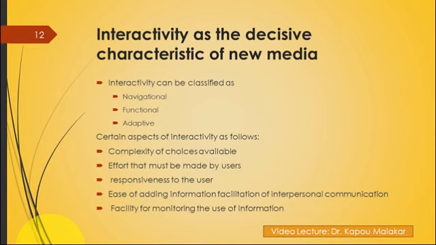We should note that in almost every case, interactivity is achieved by the use of hyperlinks. Therefore, while hypertextuality, which is another defining characteristic of new media, is the core principle of online media, interactivity can be conceived as a function of it.